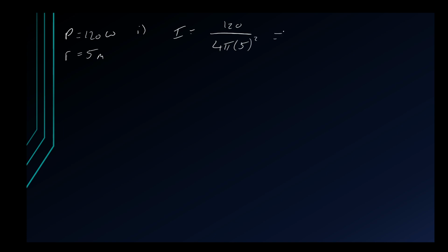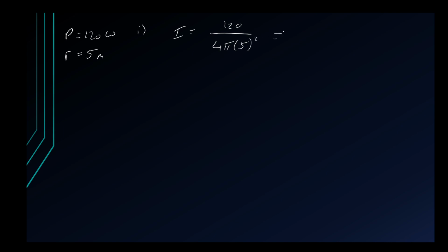So the constant power is 120 watts. And we're told that the distance away is 5, so r is going to be 5 meters. So for part 1, the intensity is going to be power over area, so 120 divided by 4 pi times 5 squared.